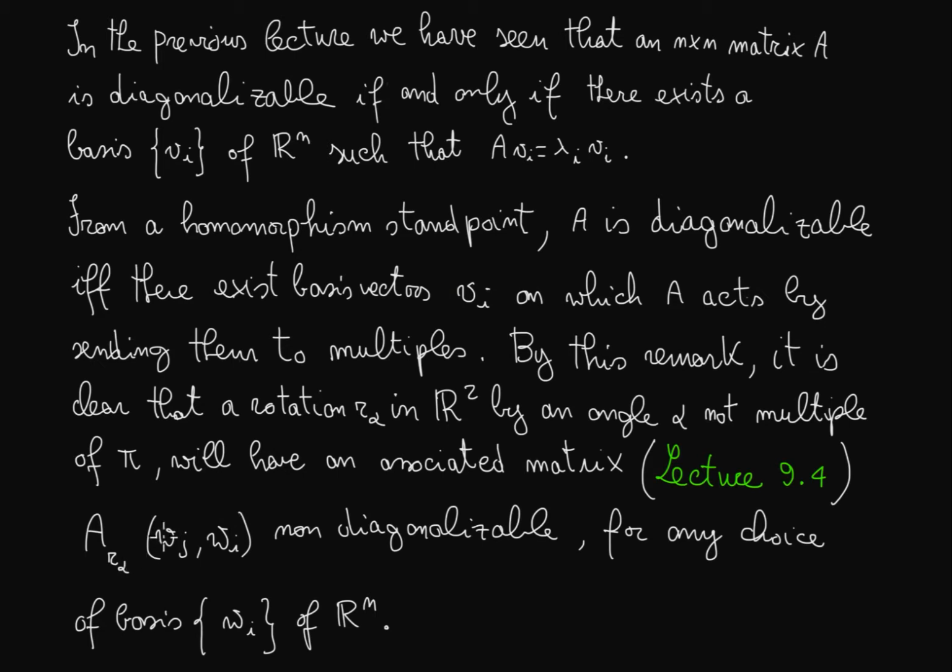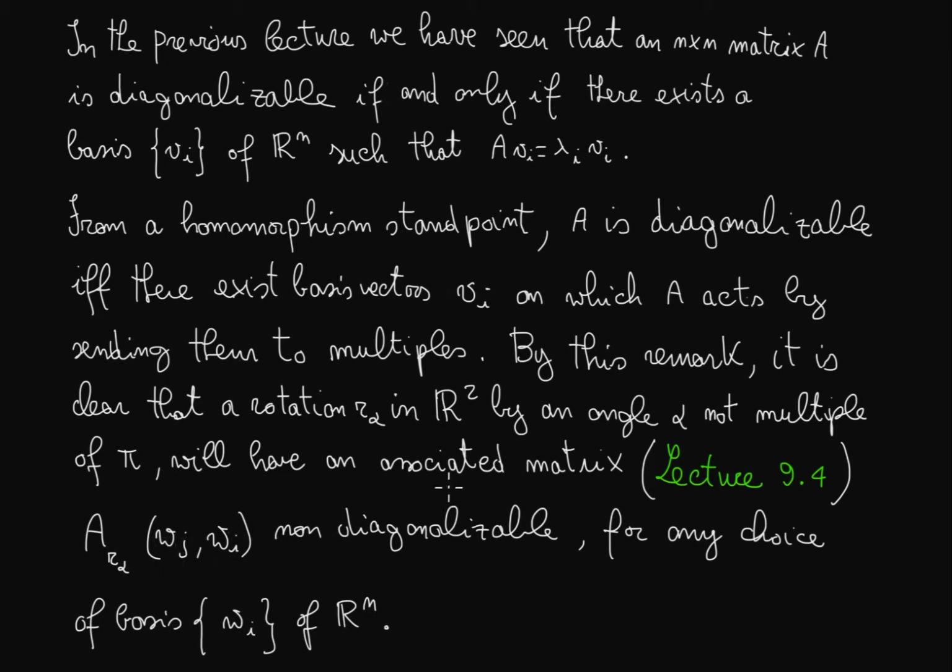So A, R alpha, Wj and Wi is non-diagonalizable for any choice of basis Wi of Rn. So here we are taking the same basis for domain and codomain.